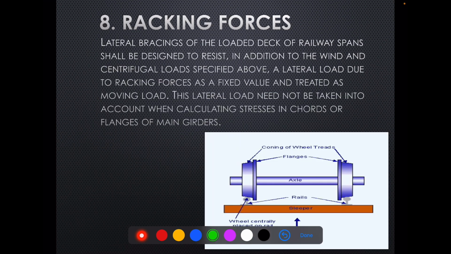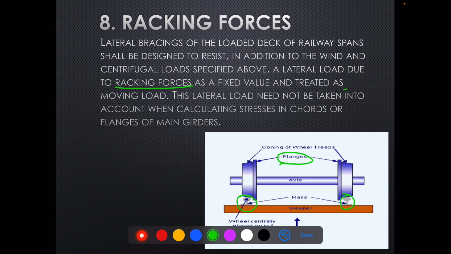Eighth, racking forces. Lateral bracing of the loaded deck of railway spans shall be designed to resist, in addition to wind and centrifugal loads specified, a lateral load due to racking forces as a fixed value and treated as moving load. So racking force is basically the force exerted by this rail flange when it strikes the rail heads.